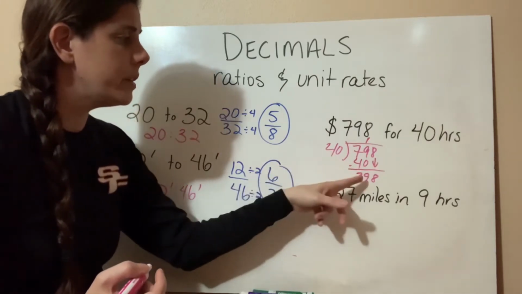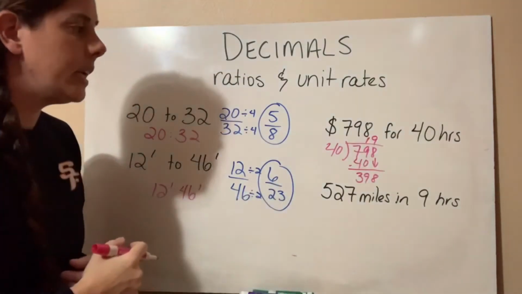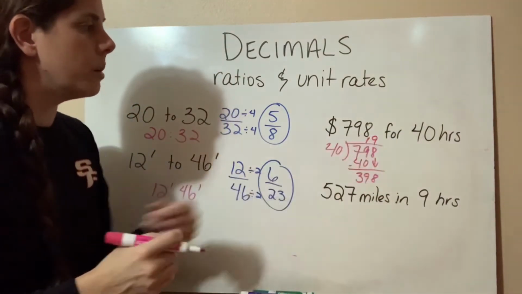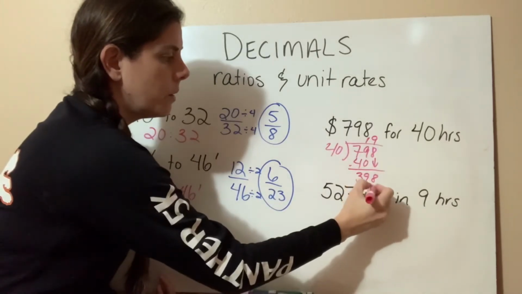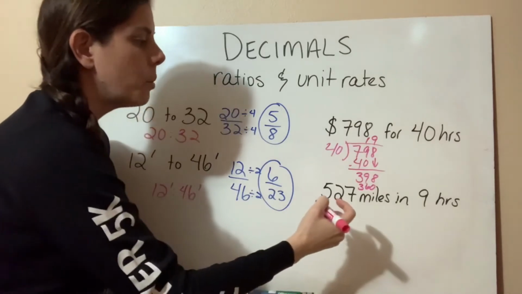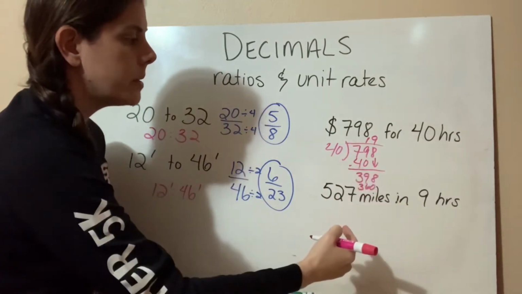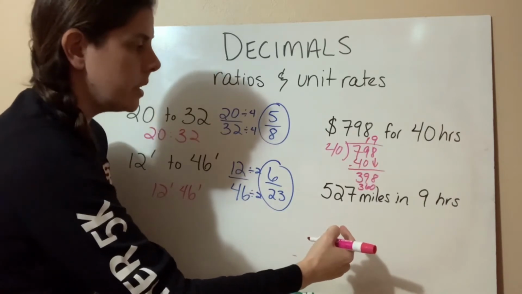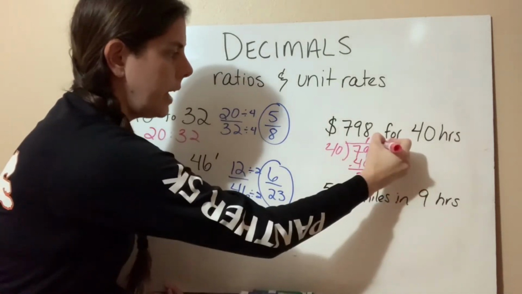So 4 goes into 39, and we'll say 9 times. So 9 times 40 is going to give us 360 because 9 times 4 is 36. And then 398 minus 360 is going to give us 38. So a leftover of 38.